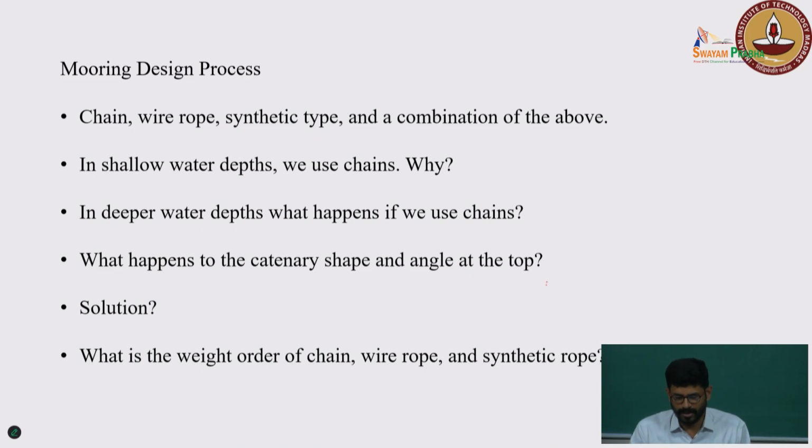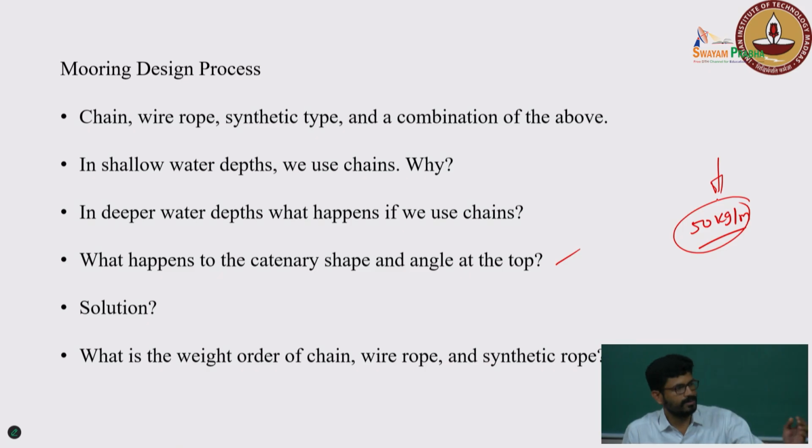So what happens to the catenary shape and angle at the top? For example, if your weight is going to be very high, for example, we said 50 kg per meter, right? What we mean is per meter length, what is the weight of your mooring line? Generally, when you purchase it from a vendor, he gives the weight in air. So you need to find out the weight in water, right?